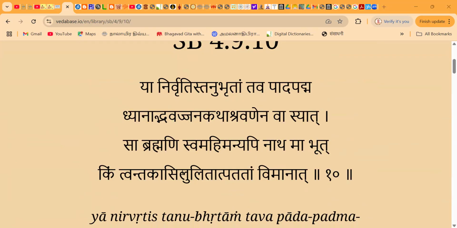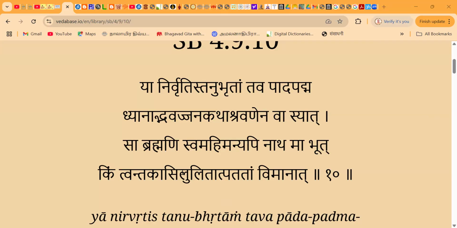Meditating on what? Tava pada padma, meditating on your lotus feet, or dhyanat bhavat janakatha shravanena. The bliss available from meditating on your lotus feet or from hearing about your pastimes from the devotees, bhavat janakatha shravanena.